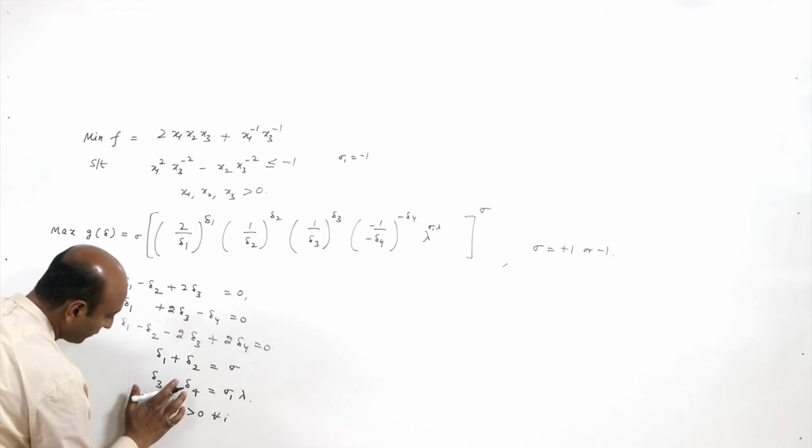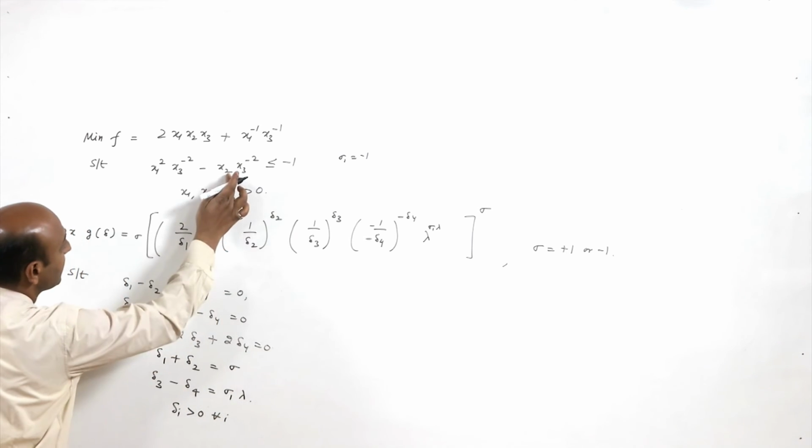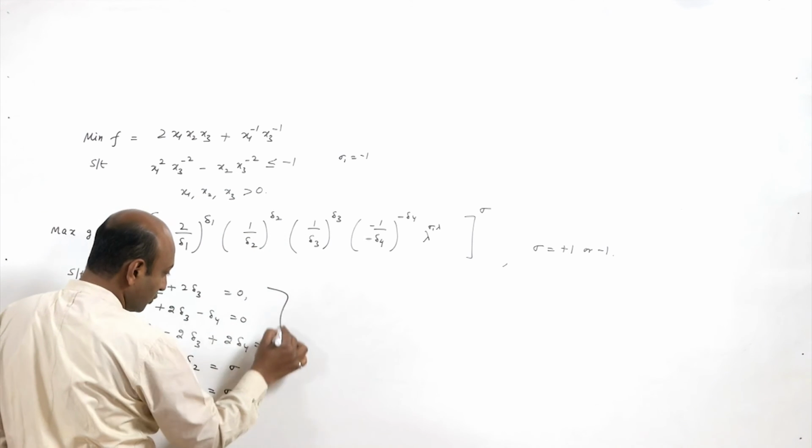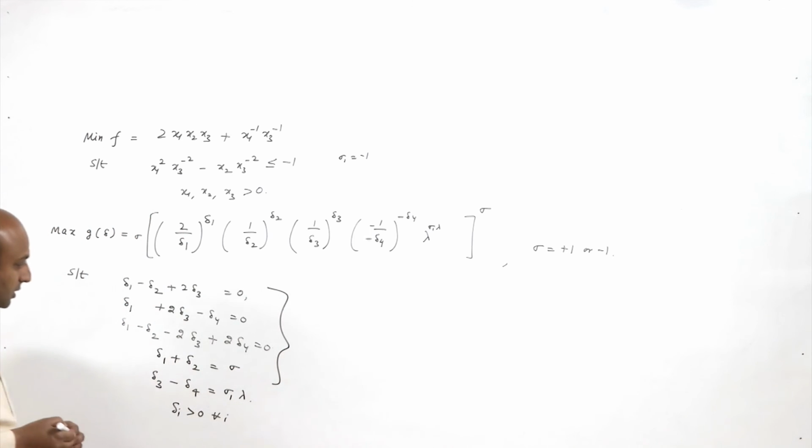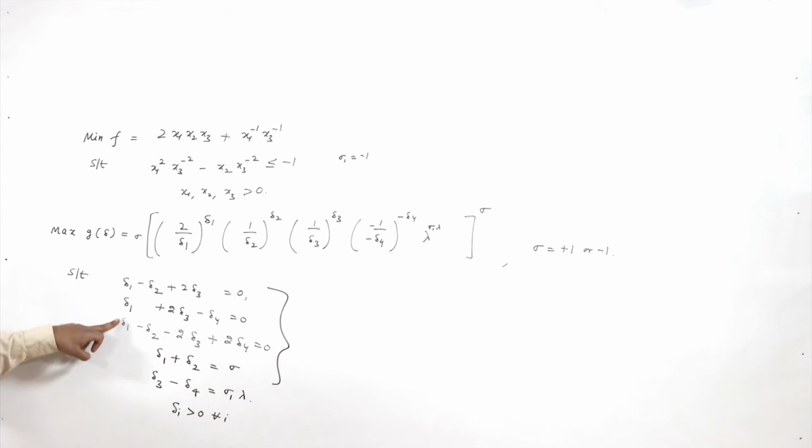Now, if you see these equations, these are 4 equations, 4 unknowns, that means unique solution.